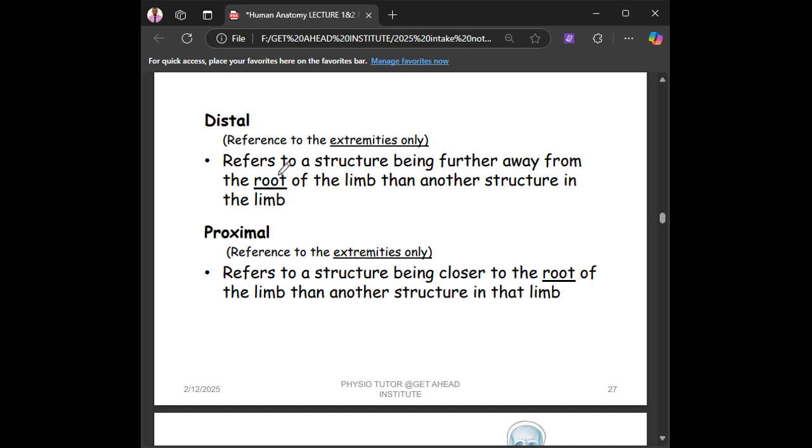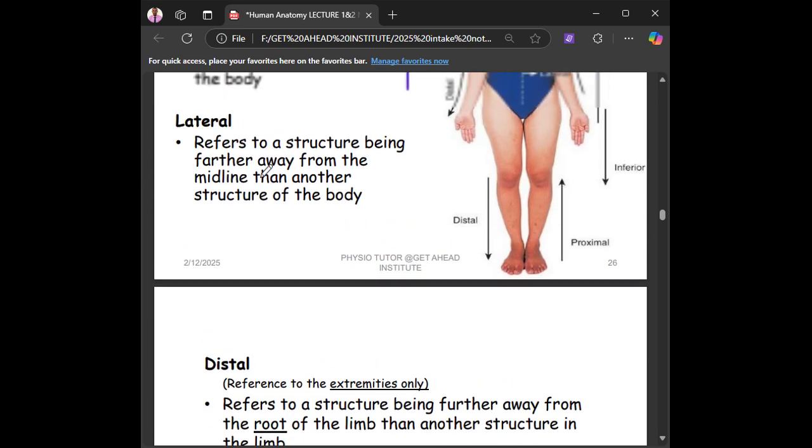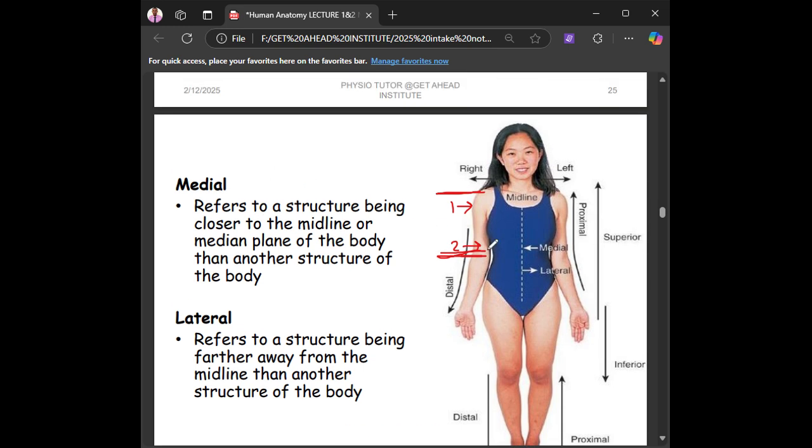Distal refers to a structure being further away from the root of the limb than another structure. For example, the elbow is distal to the shoulder, so the shoulder is proximal to the elbow.